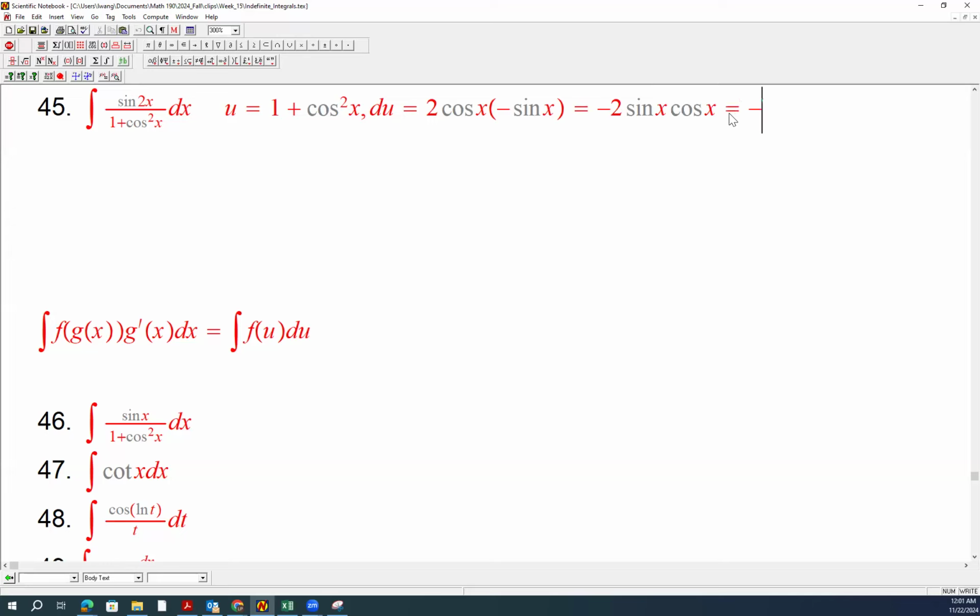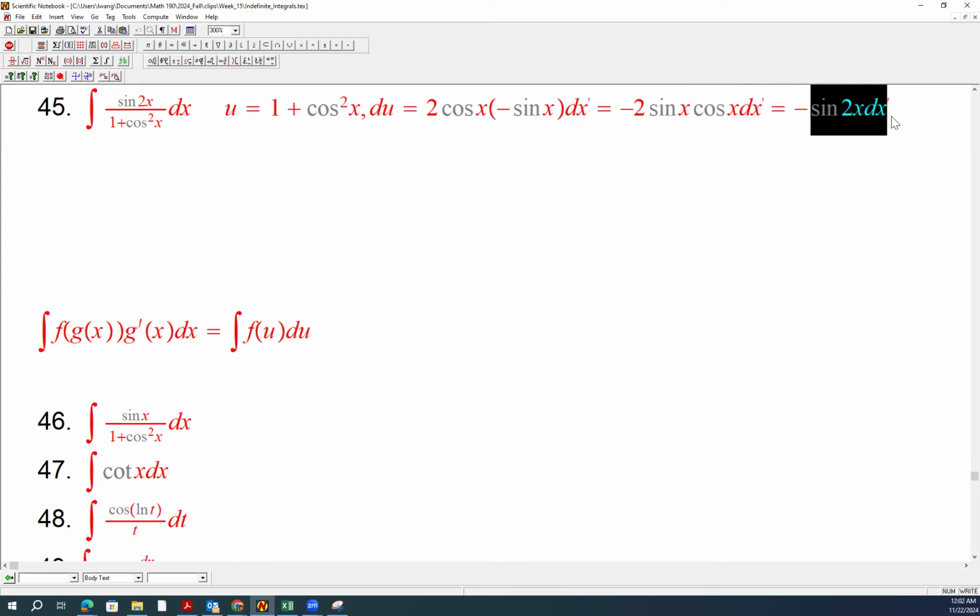So this is going to be negative sine 2x. Double angle formula. But let's not forget the dx.